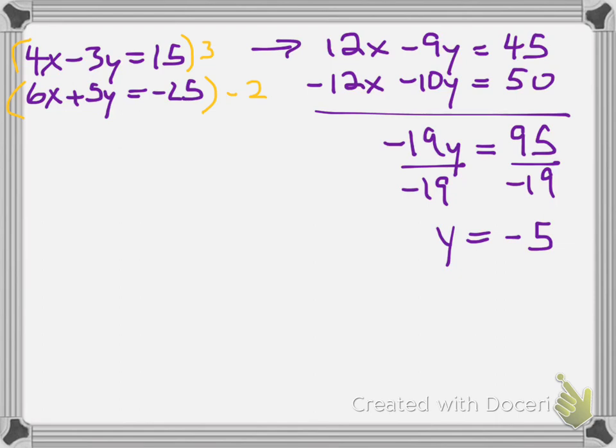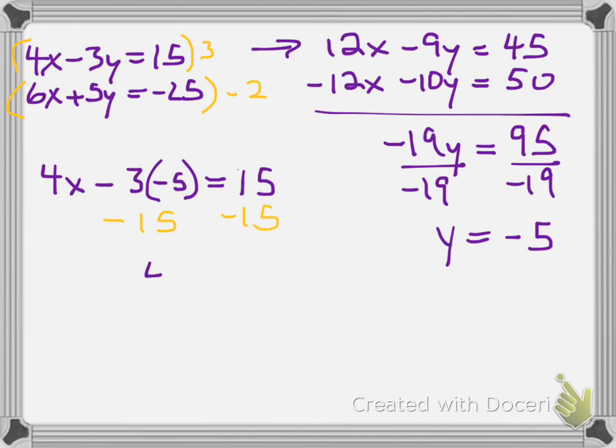All right, y equals negative 5. Then we'll use one of our original equations to make that substitution. It doesn't matter which one. Let's use the first one. 4x minus 3 times y equals 15. That's positive 15, right? So we want to subtract 15 from both sides.